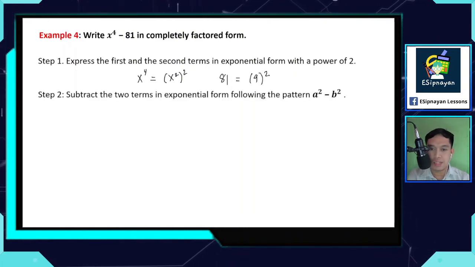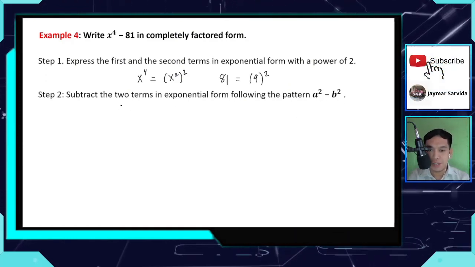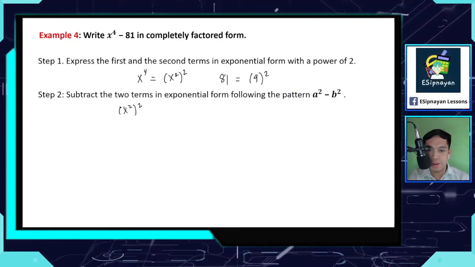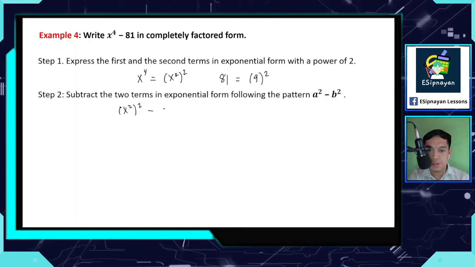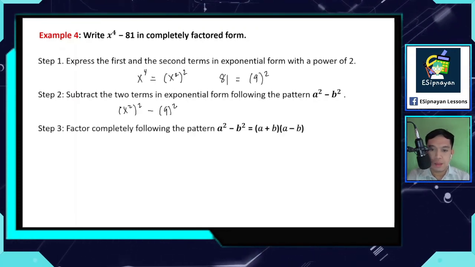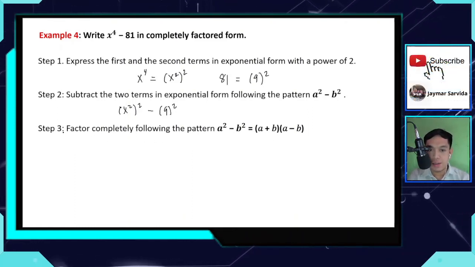Okay, ayan. So, step 2, i-subtract na natin yung ating dalawang terms following the pattern. So, x squared raised to 2 minus 9 squared. And then, i-factor na natin completely following the pattern.